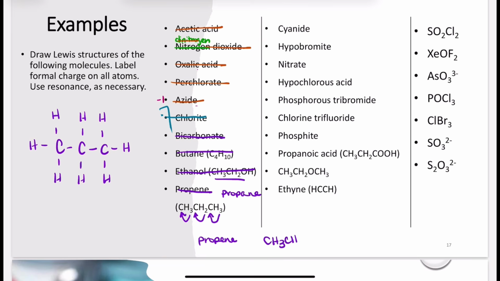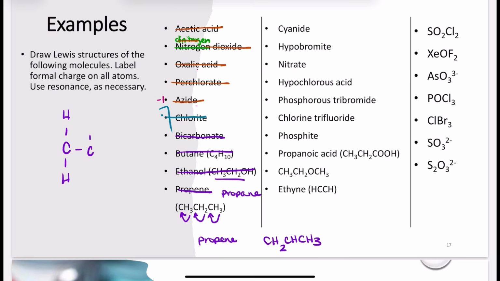Now, propene would have the formula CH2CHCH3. Propene is a little bit different. So propene would have a carbon with 2 hydrogens, another carbon with 1 hydrogen, and another carbon with 3 hydrogens.